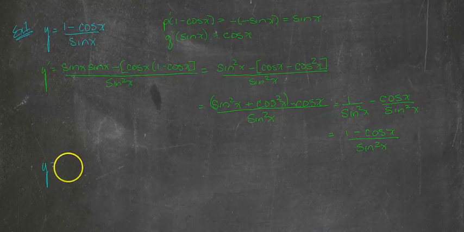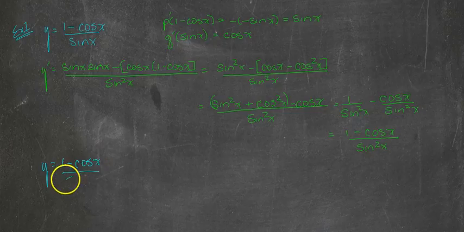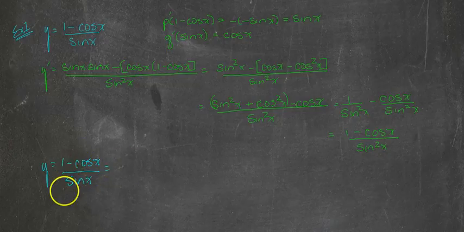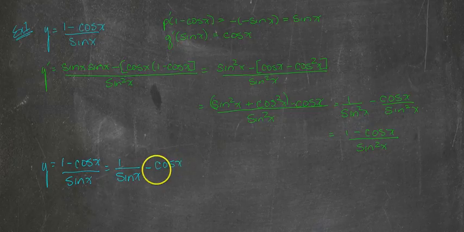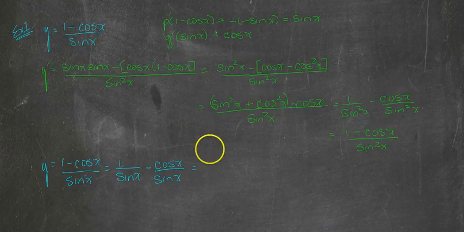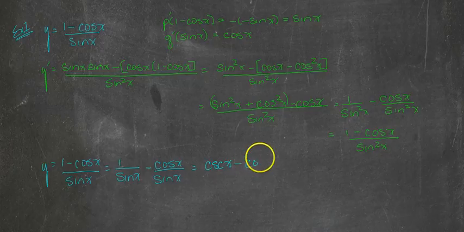So if I have y equals 1 minus cos x over sine x, perhaps your neighbor immediately went, well, that just seems kind of crazy. I'm going to convert this to 1 over sine x minus cos x over sine x, but that's just cosecant x minus cos over sine is cotan x.